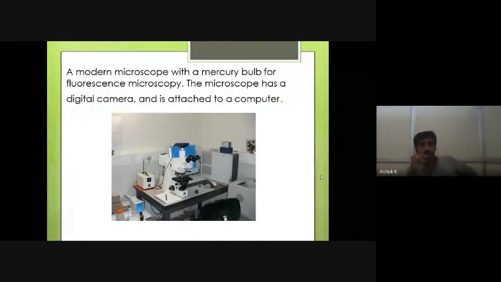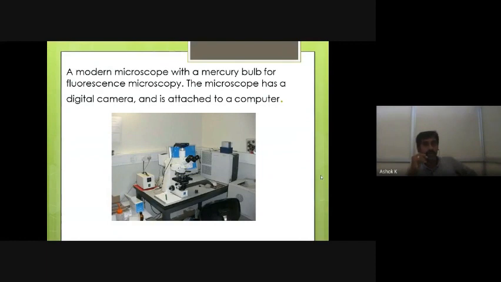It has a computer screen where we can see the image. In a modern microscope, a mercury bulb is used for fluorescence microscopy, so the light sources were enhanced by using this mercury bulb. See, this is the advanced optical microscope.